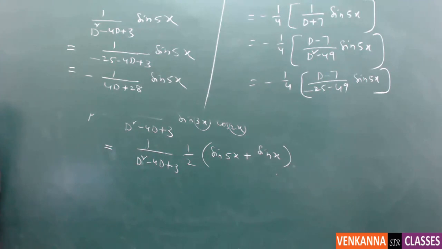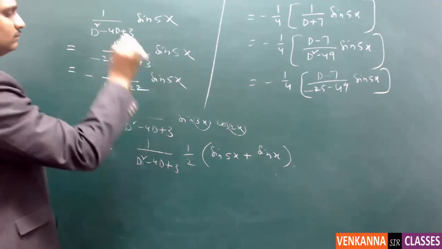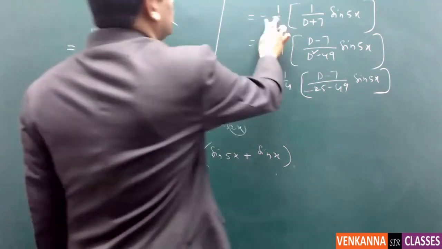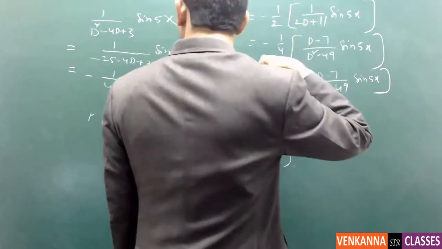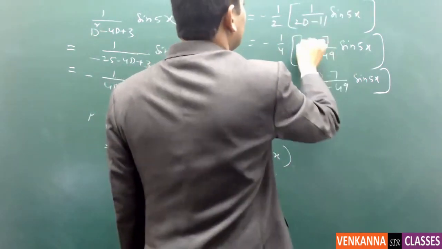Yeah, that is 22, right? Then you have to take 2 here. It will be 2d plus 11, 2d minus 11.